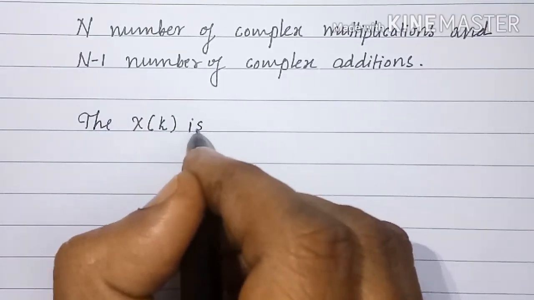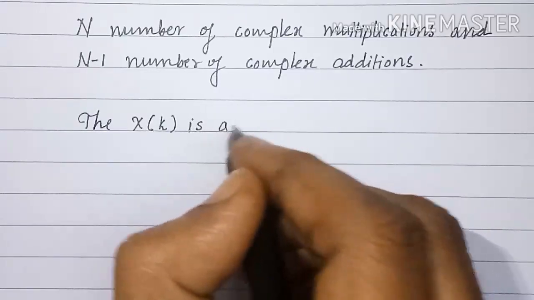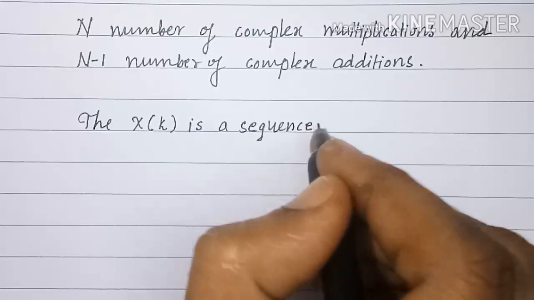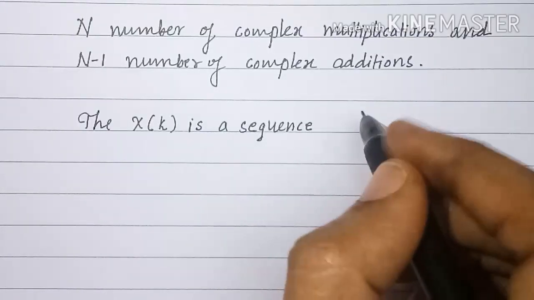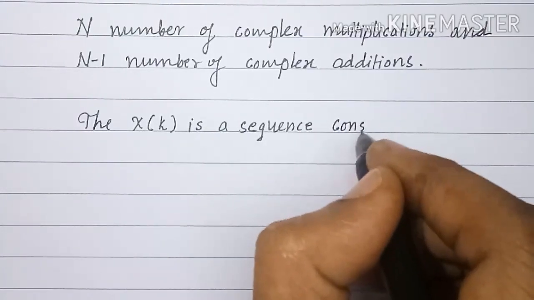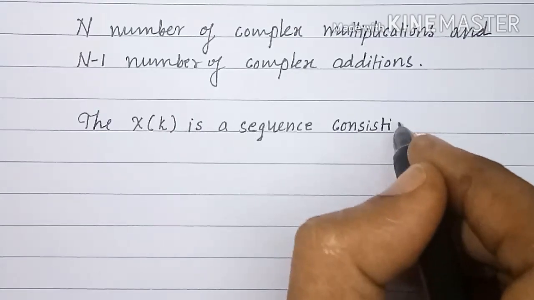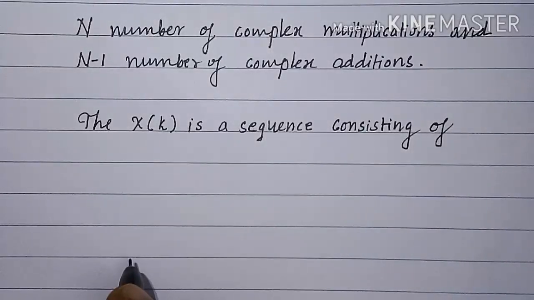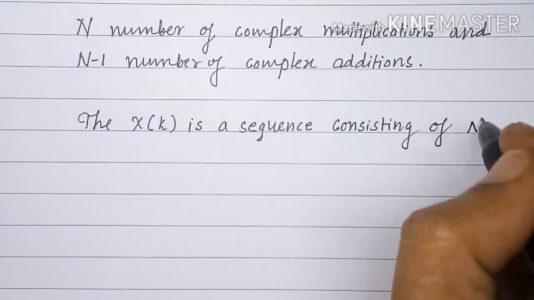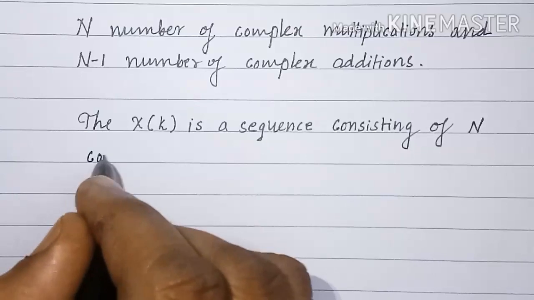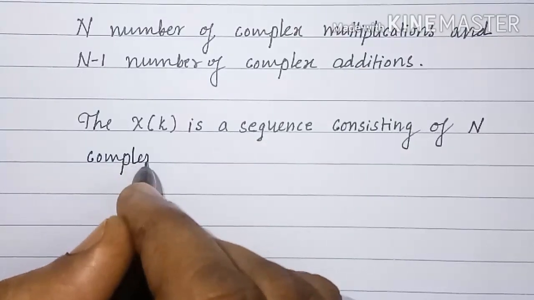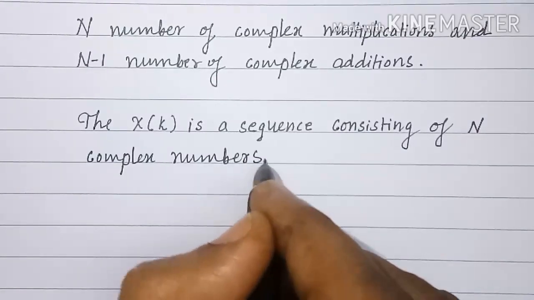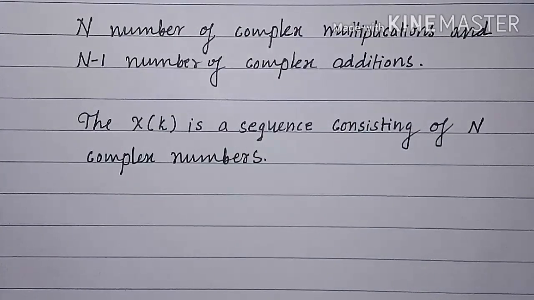The X of k is a sequence consisting of N complex numbers.